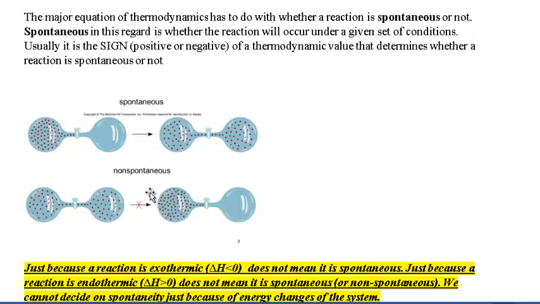So entropy really has to do not just with spontaneity or non-spontaneity, it has to do with order or disorder. So this is a situation that goes from order to disorder. That's usually how most reactions proceed, though some reactions go the other way. You can get from disorder to order.